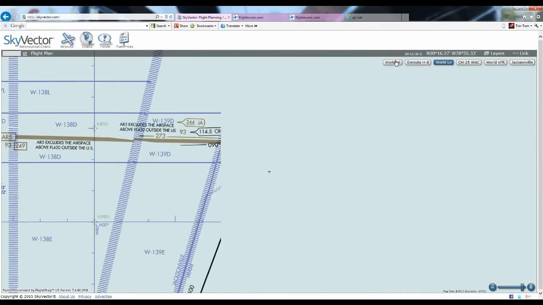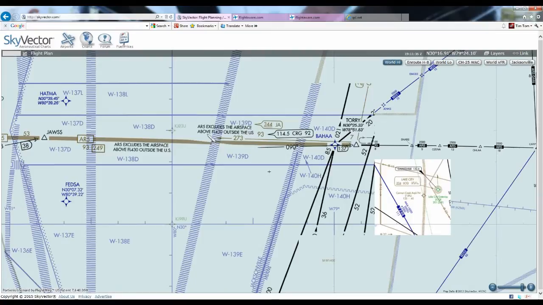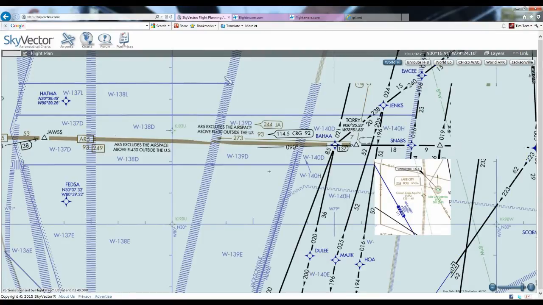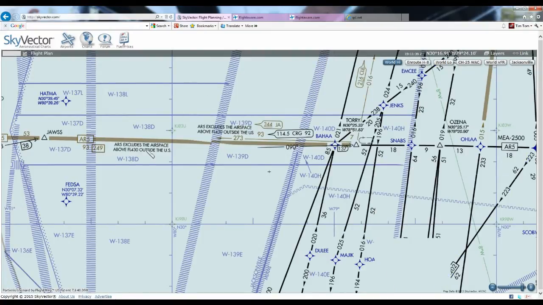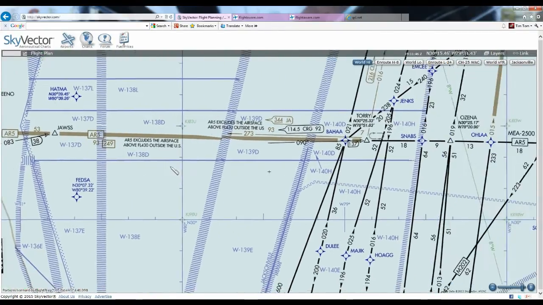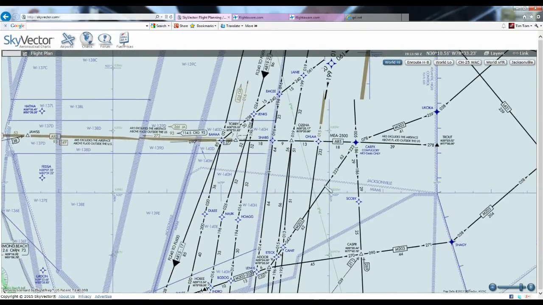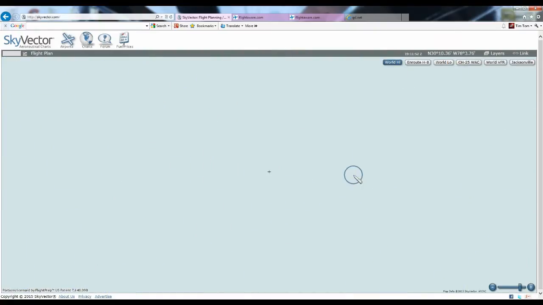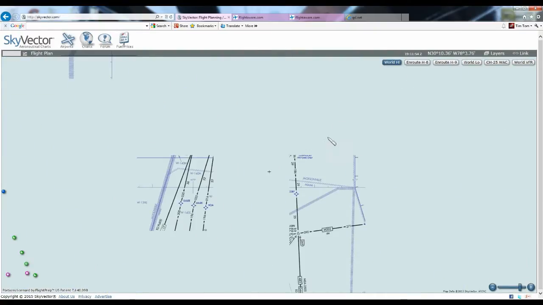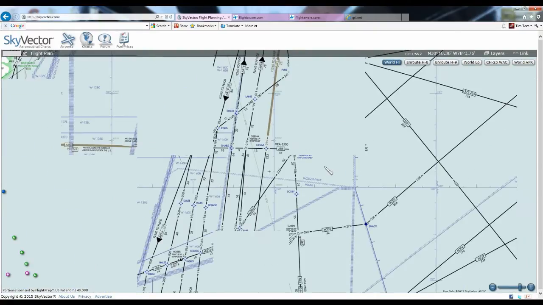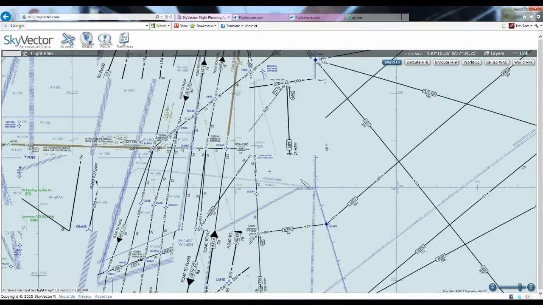Now, if we go up to the high en route chart, we see the same thing. AR5, we see it excludes the airspace above flight level 430 outside the U.S. So at some point, I'm not sure where, but you would get on oceanic control at some point here.